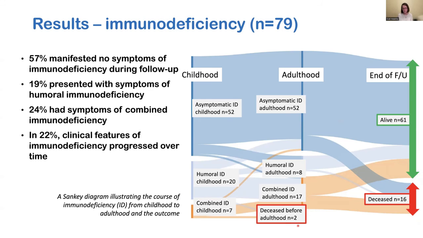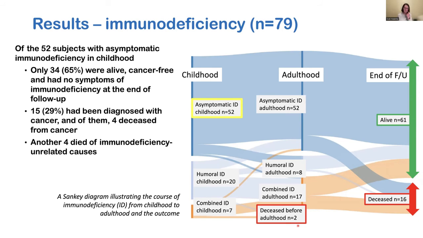And if we then focus on the ones who had asymptomatic immune deficiency in childhood, so 52 individuals altogether, when we look at end of follow-up, we could see that only 34 of these 52 patients were alive, didn't have a cancer, and didn't have symptoms of immune deficiency.